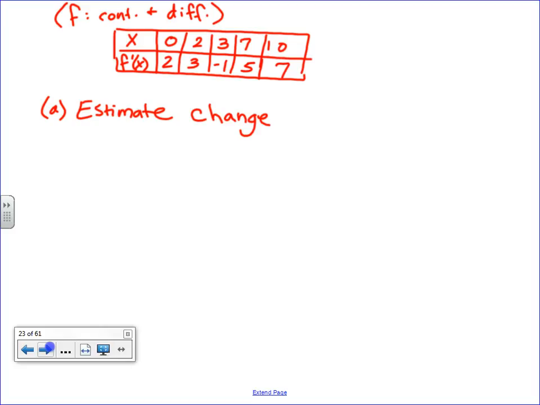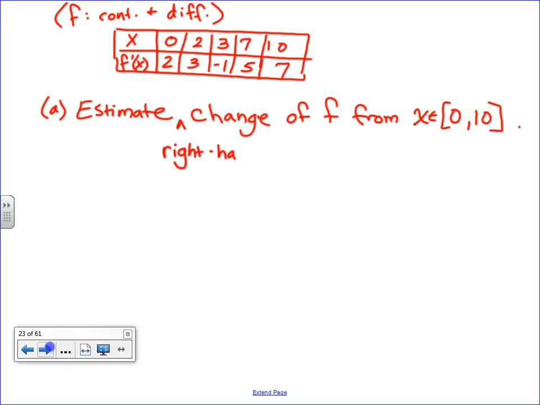Estimate the change of f from x within 0 to 10. And they might say with a right hand approximation, or a right Riemann sum approximation. Okay, how would I do that?